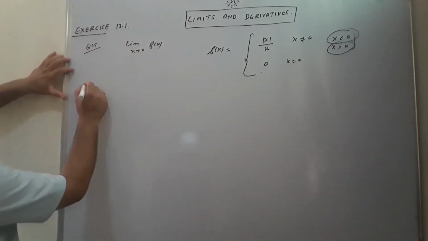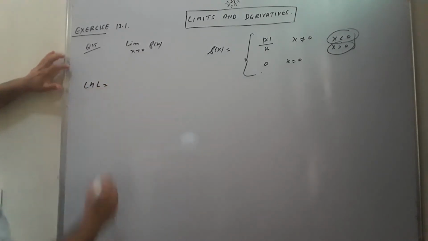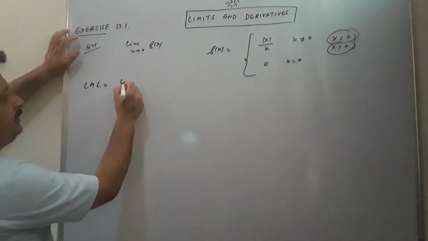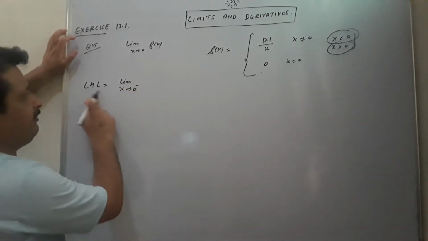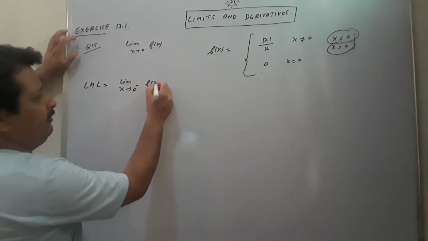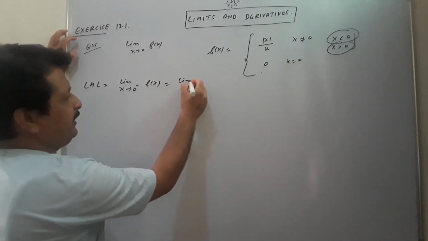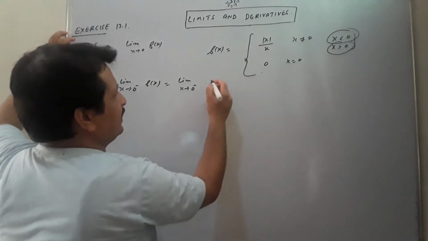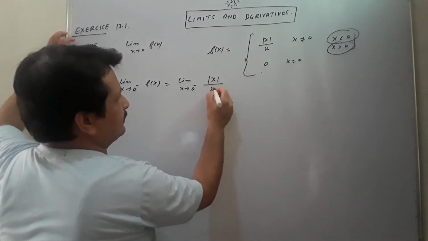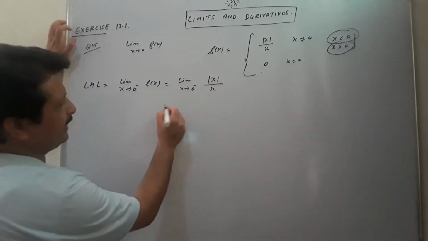Let us see. So the left hand limit is equal to the limit as x tends to 0 negative. This is the left hand limit, 0 negative, of the function f of x. This is equal to the limit as x tends to 0 negative. Our function is x mod upon x. Now students, you have to think here.